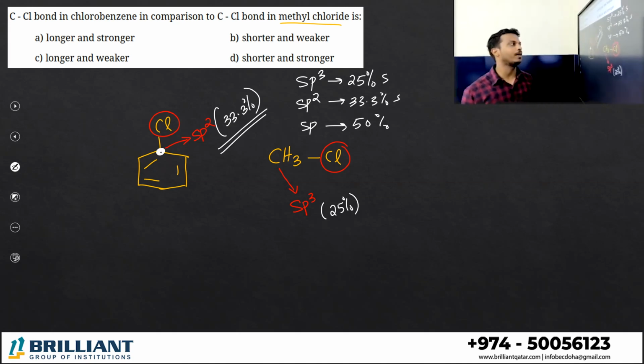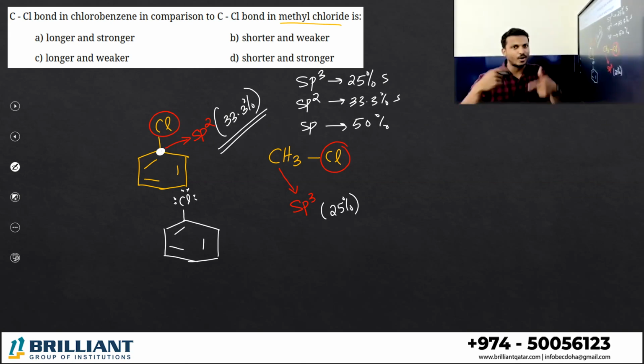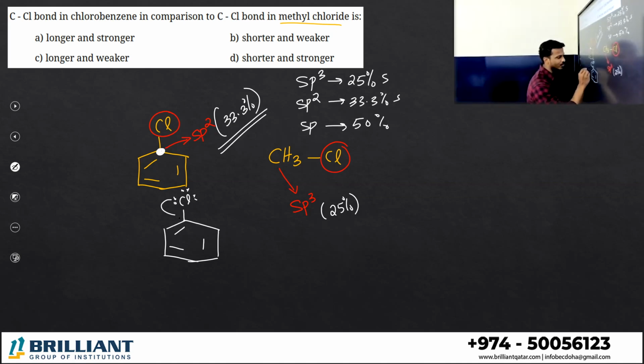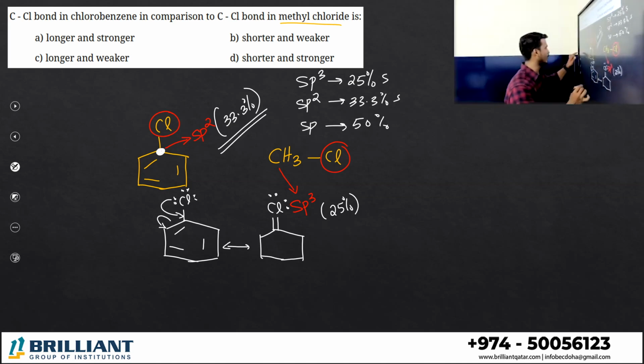One more reason, let me tell you, dear student. In chlorobenzene, chlorine contains a lone pair, it acts as a donating group on the benzene ring, it will cause resonance. After resonance, what is the situation? There is a double bond on carbon and chlorine. You can see here, there is a double bond between this carbon and chlorine.